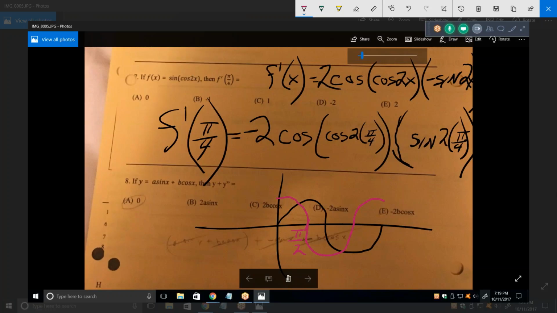Read the graph. What's the y coordinate where it crosses the x-axis? The cosine is 0. Okay, well, that means that's 0.